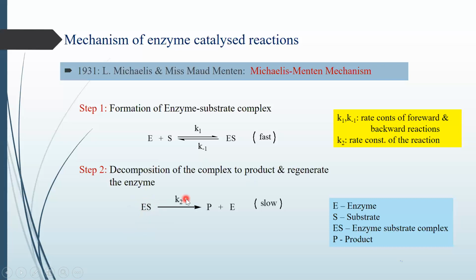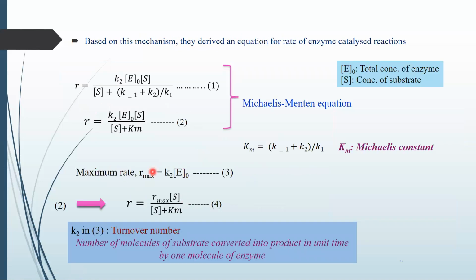By applying the steady state approximation, based on this Michaelis-Menten mechanism, they derived an equation for the rate of enzyme catalyzed reaction, that is, R is equal to K2 E0 into the concentration of S divided by the concentration of S plus (K minus 1 plus K2) divided by K1, or R is equal to K2 into the concentration of E0 into the concentration of S divided by the concentration of S plus Km, where Km is equal to (K minus 1 plus K2) divided by K1.